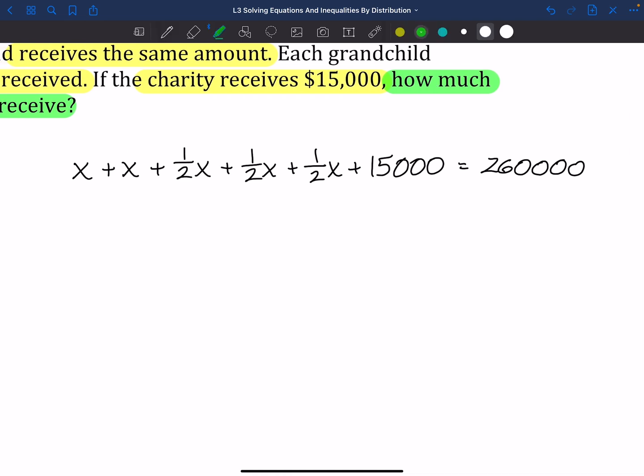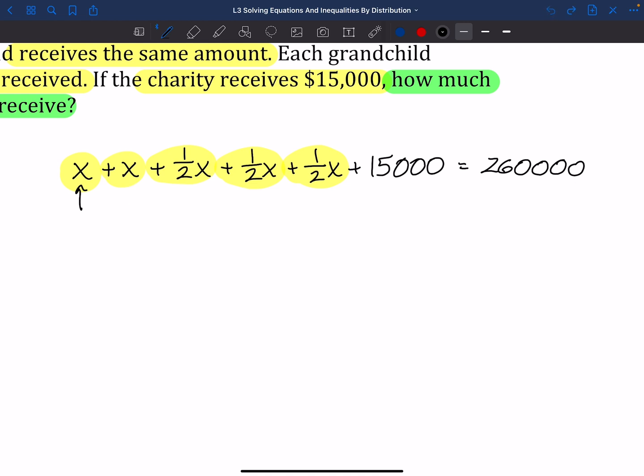But we're going to take one step, and then it's going to look much better than what we have right now. So what I'm going to do is combine like terms. I've got x plus another x plus 1/2 an x plus another 1/2 an x plus another 1/2 an x, right? So all of those x's can be smushed together. If I think about how many I have, right, I have 1, 2, 2.5, up to 3, and then 3.5.